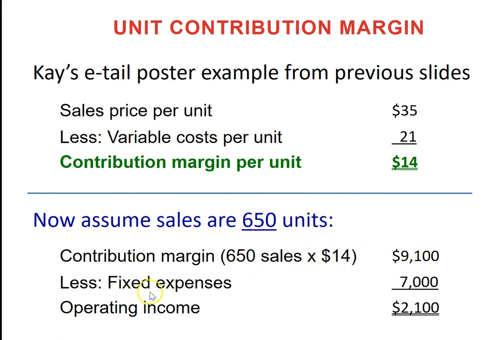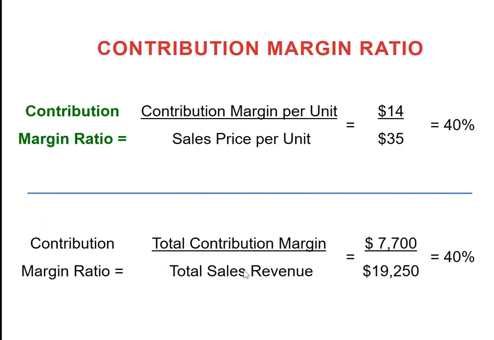Then you can subtract fixed expenses, and now you can quickly figure out their operating income if the company sells 650 units, and you know that your operating income will be $2,100. This is how, by using contribution margin per unit, you can very quickly figure out the operating income of a company for any number of units that they sell.